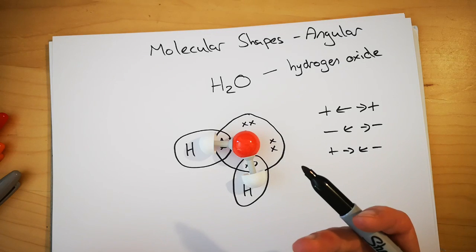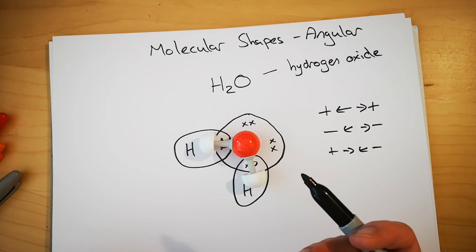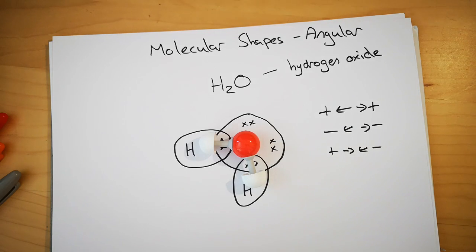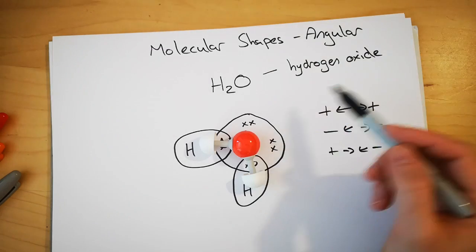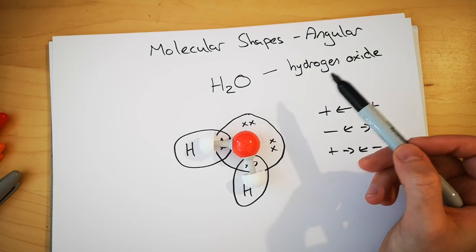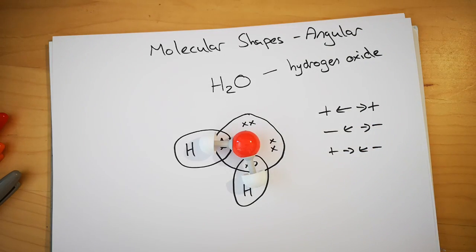Now, the concept of lone pair electrons and additional repulsive force is not really within the National 5 course. And so whenever they give you a question about an angular structure, it's probably going to be water, and that's the one they're going to use as an example.